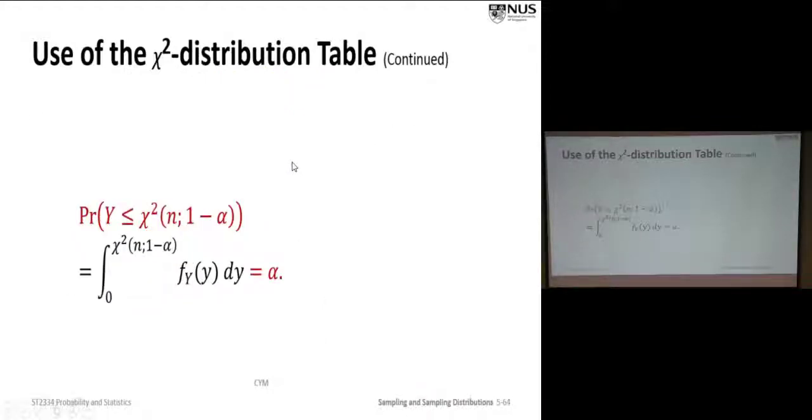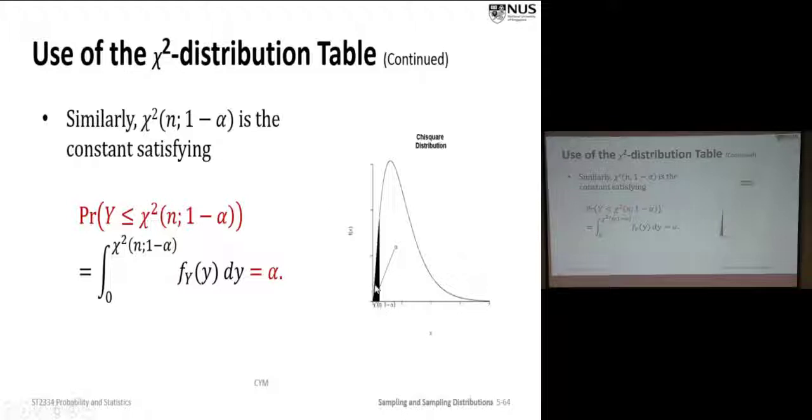So this part is 1 minus alpha: less than this point is 1 minus alpha. Whatever statistical table you use concerning chi-square distribution, please read the legend, the description, whether it is given for the left tail or the right tail.